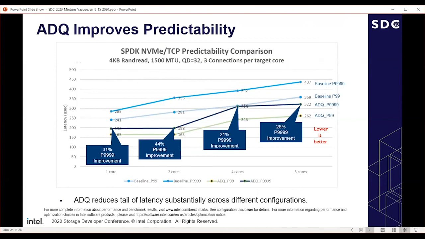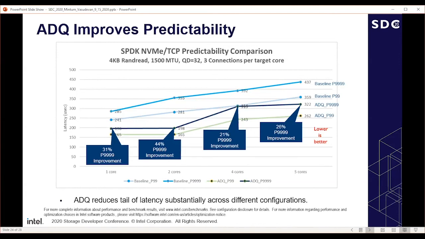So if you look at performance, most people are very interested in knowing not just what the average latency is, which was shown in the previous slide, but also specifically what the P99 latency is and the P49 latencies are. Those are something that increasingly people are caring about, because it impacts their ability to scale.